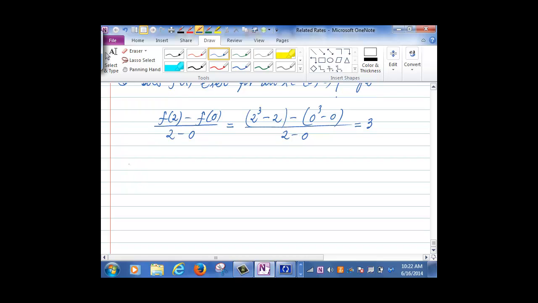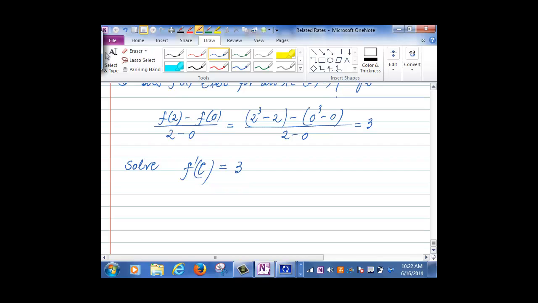Now I have to find values of c such that the instantaneous rate at c, which means the derivative at c, is the same as this average rate 3.